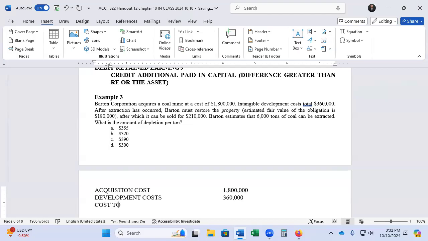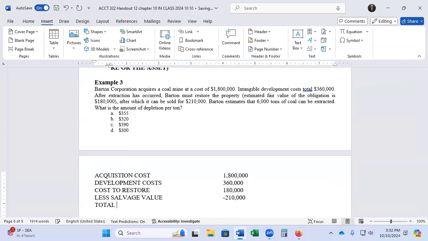You have the cost to restore, and that's at the estimated fair value of 180,000. And then you have less salvage value minus 210,000 to give us a total of 2,130,000.